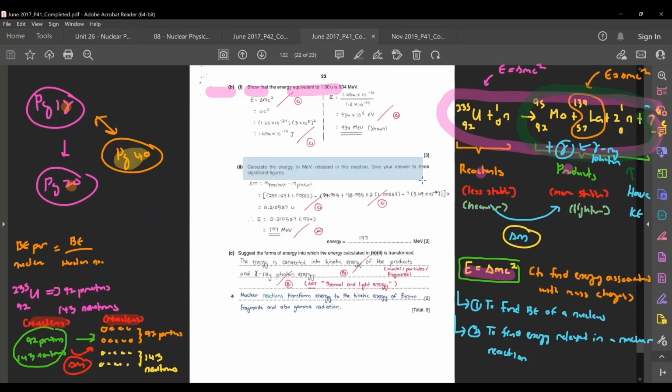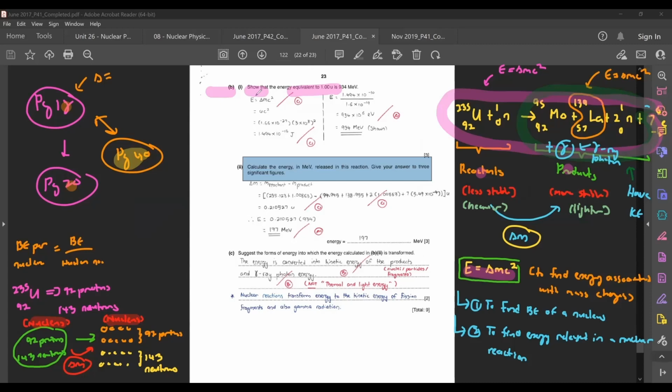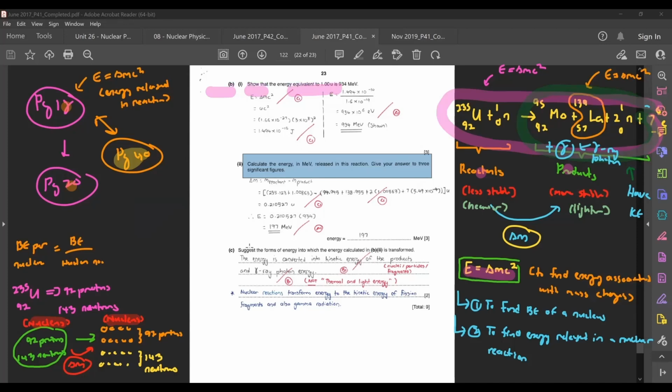So in page 18, they ask you to find out the energy released in this reaction. This one you use E equals delta m c squared. Okay, page 18, this one was E equals delta m c squared for the energy release in the reaction. Okay, so for page 40 now, it's the same exact equation.